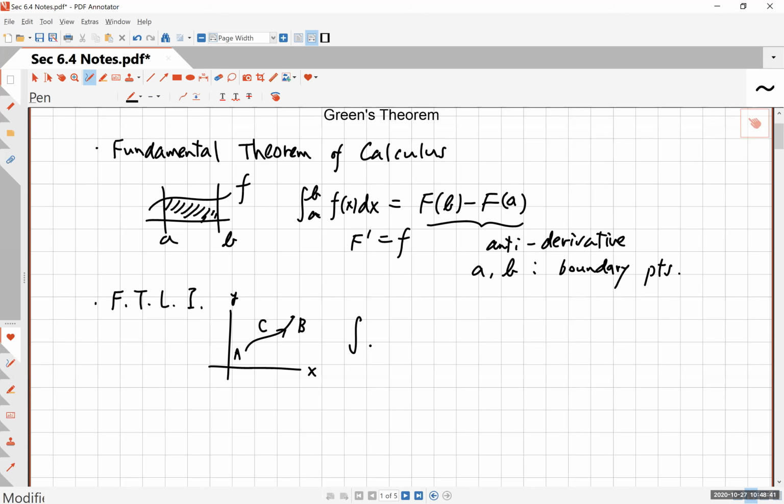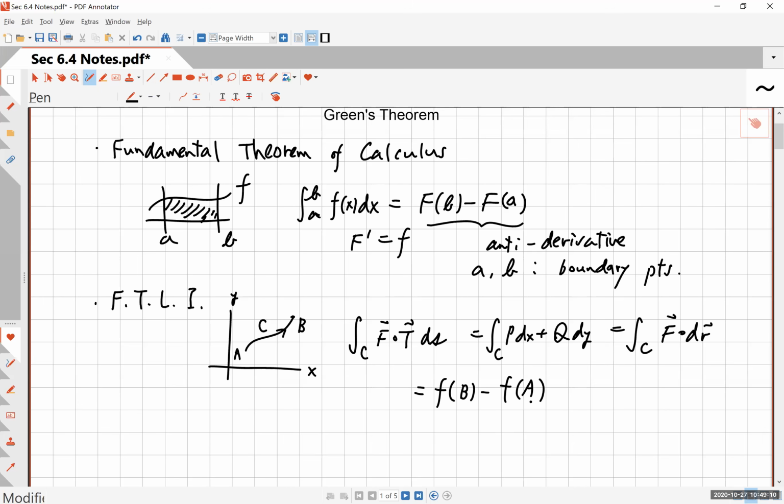The fundamental theorem of line integrals says that the integral of F dot T ds, which by the way is the work integral, which can be written as P dx plus Q dy, which we can also write as F dot dr, this is the most common way of writing this, turns out to be f of b minus f of a, where C is a curve going from A to B.